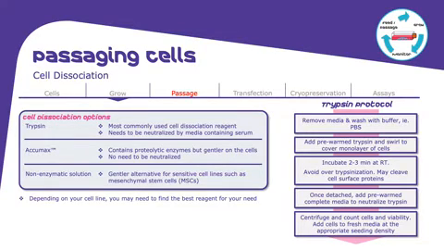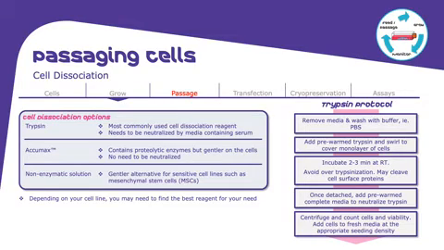As I mentioned, the trypsin protocol is quite easy. You do need to remove the media first because it contains serum, which will affect trypsin otherwise. Wash it with PBS, add pre-warmed trypsin. Please do not bang the plate on the table. Just let it incubate for 2-3 minutes at room temperature.